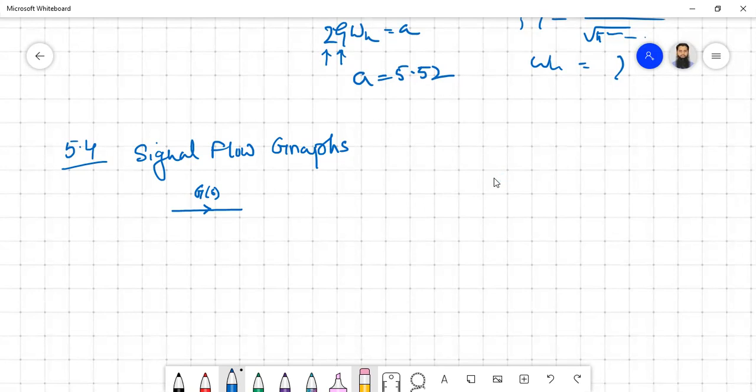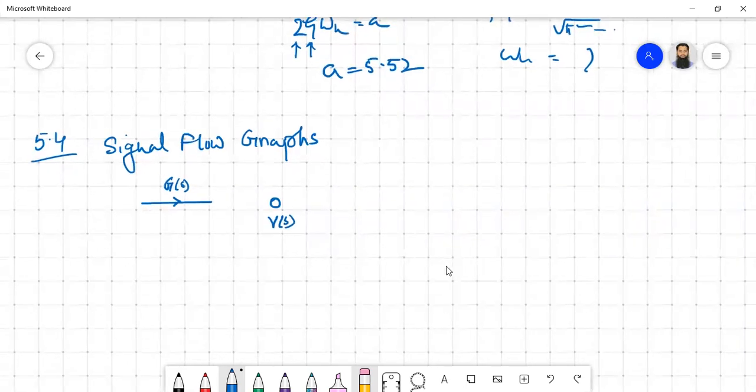And the signal will be represented by a node. It may be the input, output, or some other node. In general the node is V of S; so V1, V2, V3, or R of S, C of S. Any signal will be represented by a node, and the system is represented by an arrow, or branch.